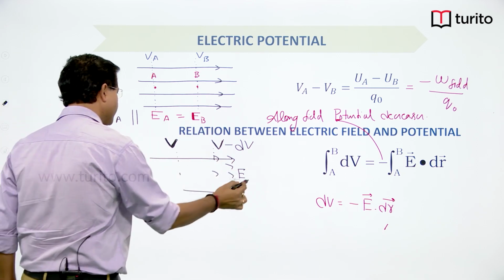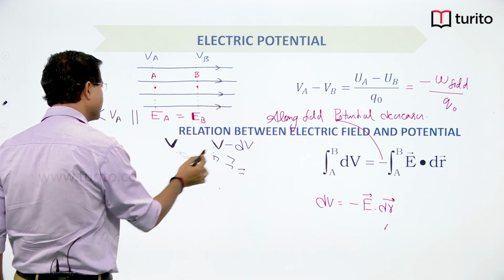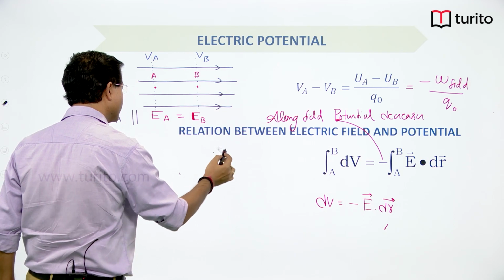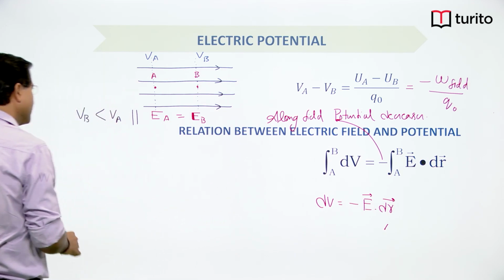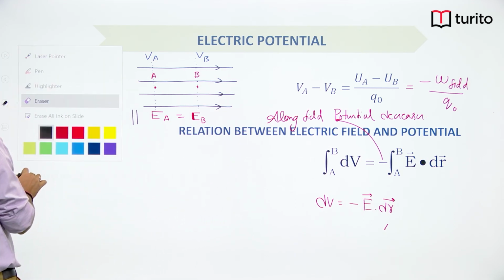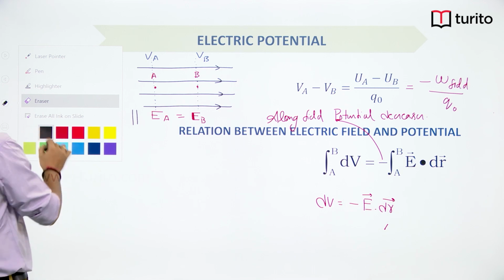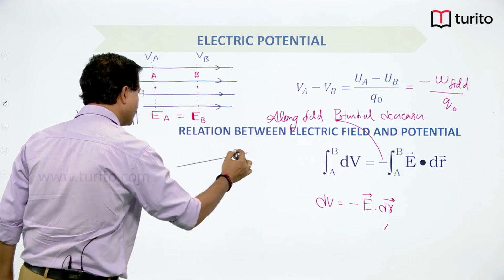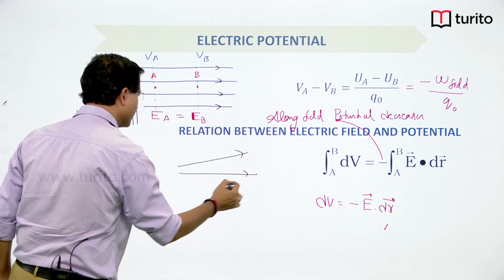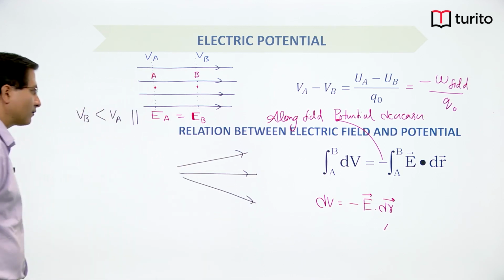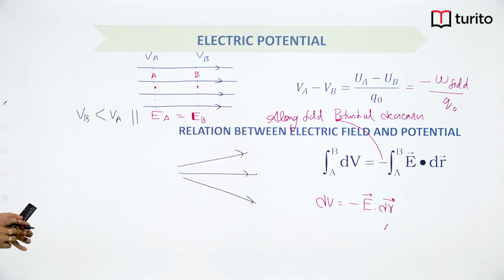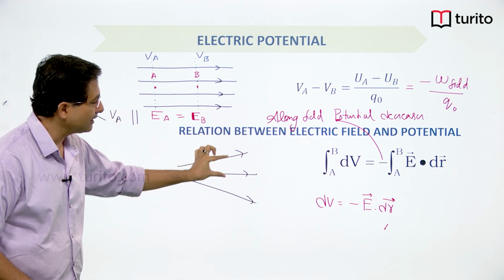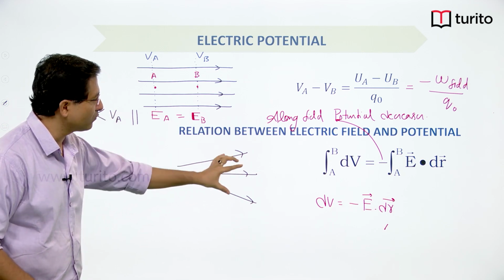Now, if I change the situation, for example, we have got this one. This is the example of a non-uniform field. You can see the closeness decreases as you move forward.